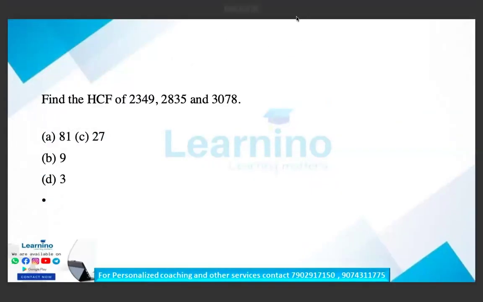Find the HCF of these three terms. So take the difference, 2835, 2349.